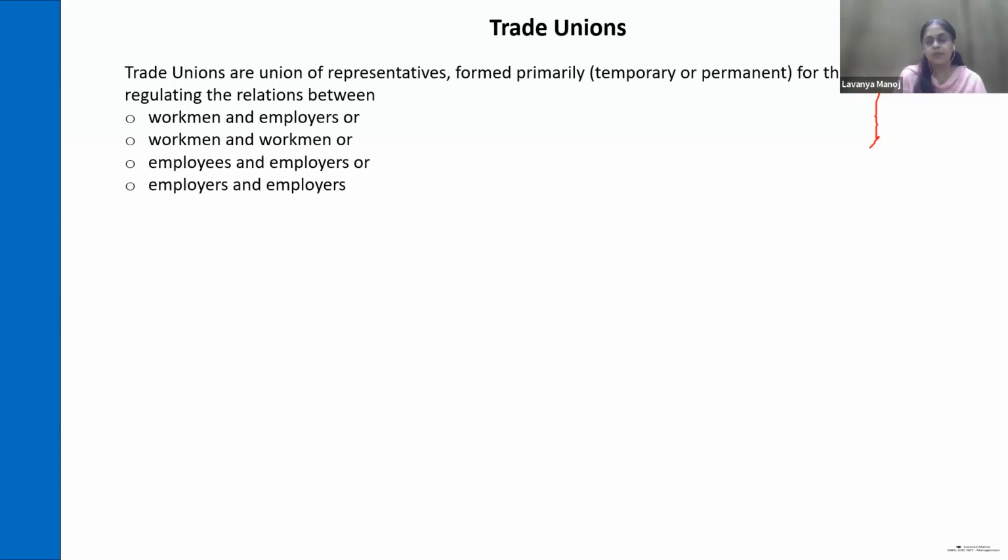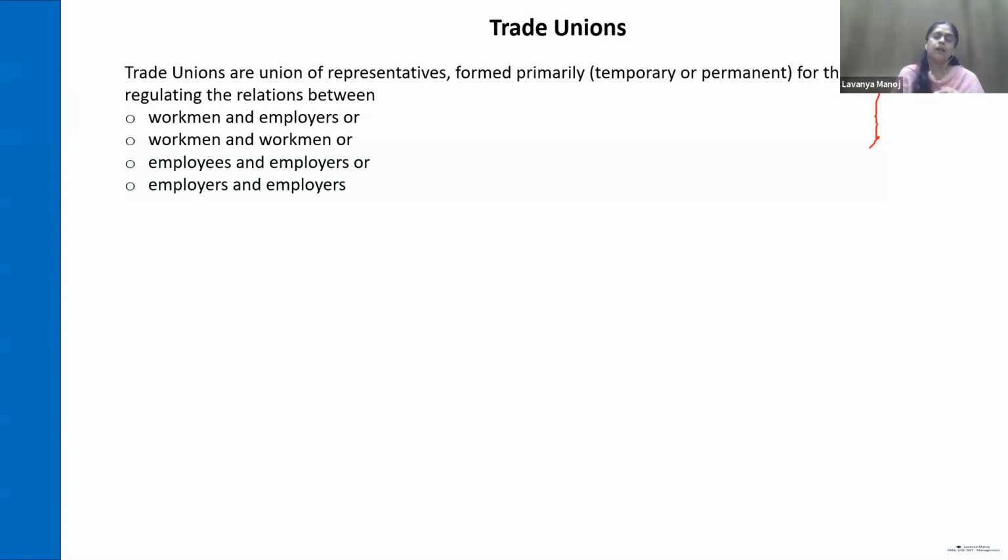If there is a conflict or dispute between two different employers, the trade union steps in and tries to resolve the dispute. Why is it so? Actually, trade unions are the representatives for the workers and employees, not for the employers.